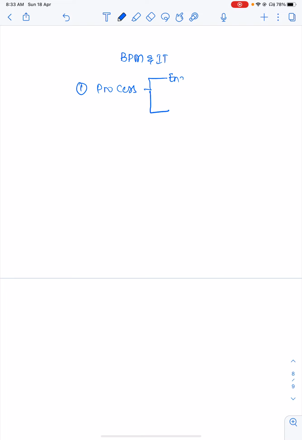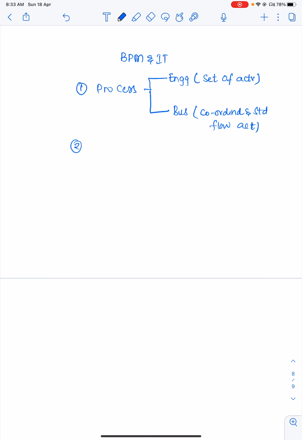One is the engineering perspective, one is the business perspective. The engineering perspective consists of a set of activities. The business perspective is a coordinated and standardized flow of activities. So you see both are activities only. Whether you take the engineering perspective or the business perspective, it is a set of standardized activities.